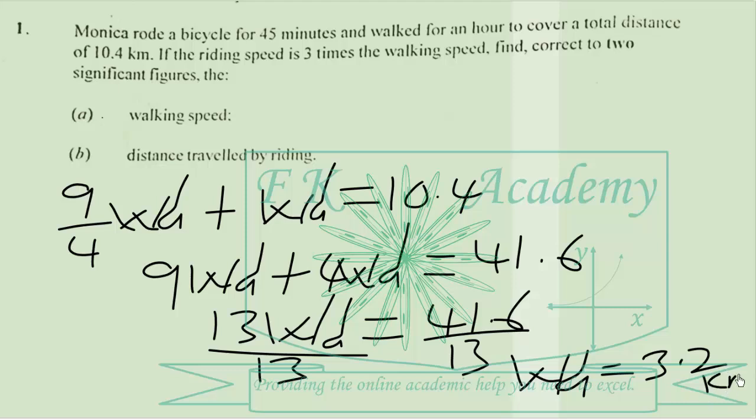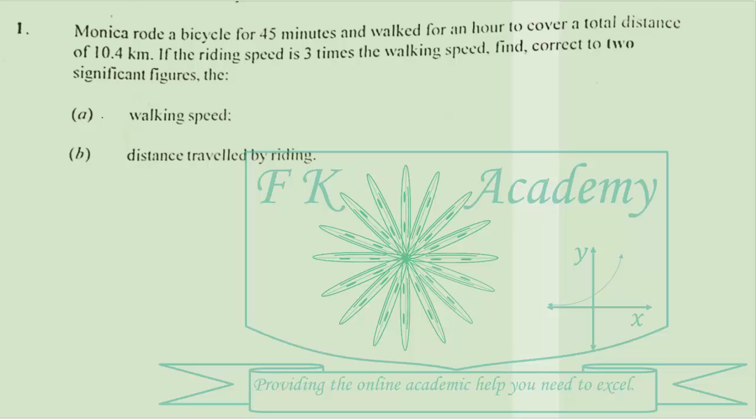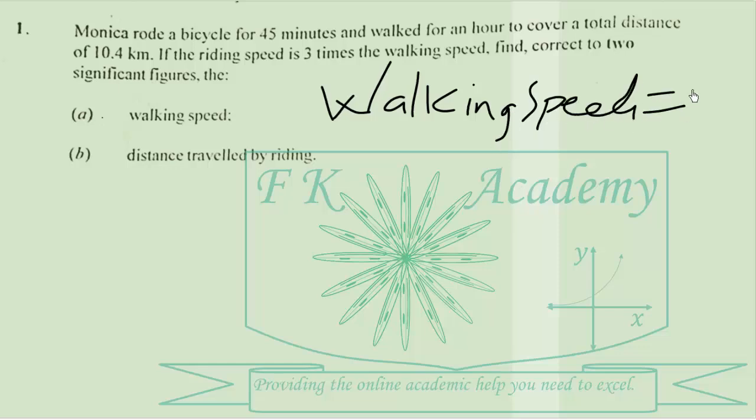Now the question says we should find the walking speed. So recall that walking speed will be equal to walking distance over walking time.